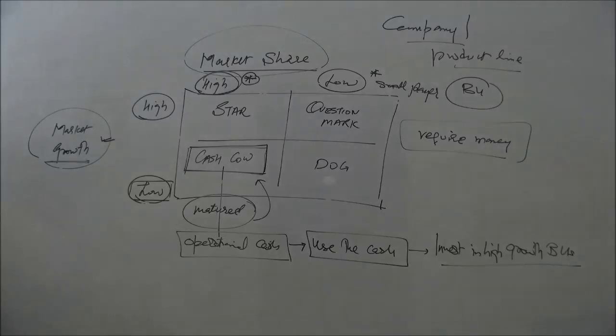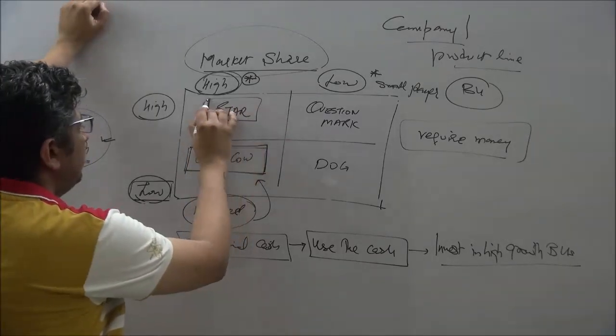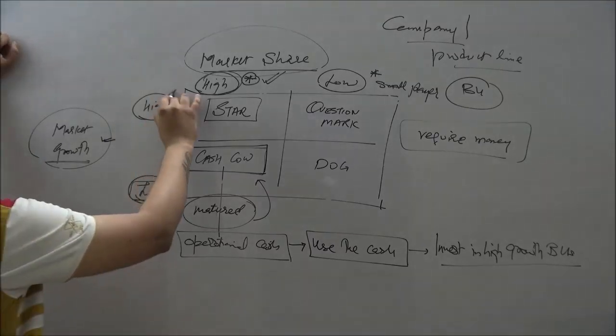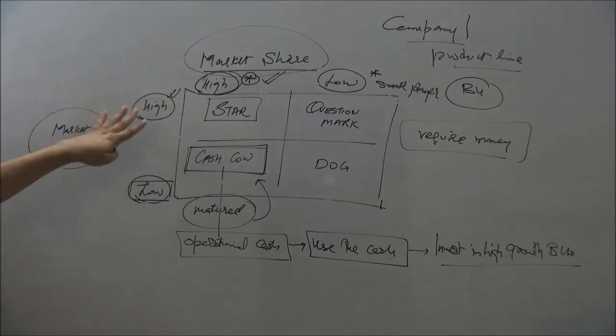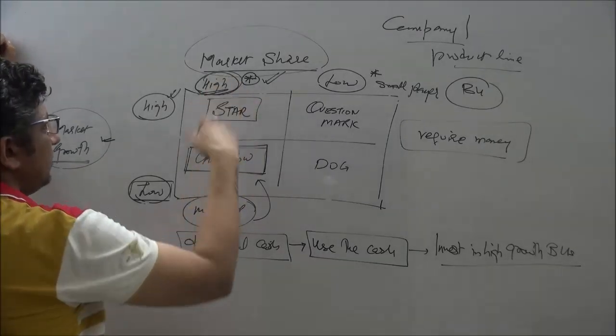Likewise, there could be a category or a BU in which your share is high and the growth is high as well. It's a kind of business wherein whatever you are putting in, there are two perspectives.